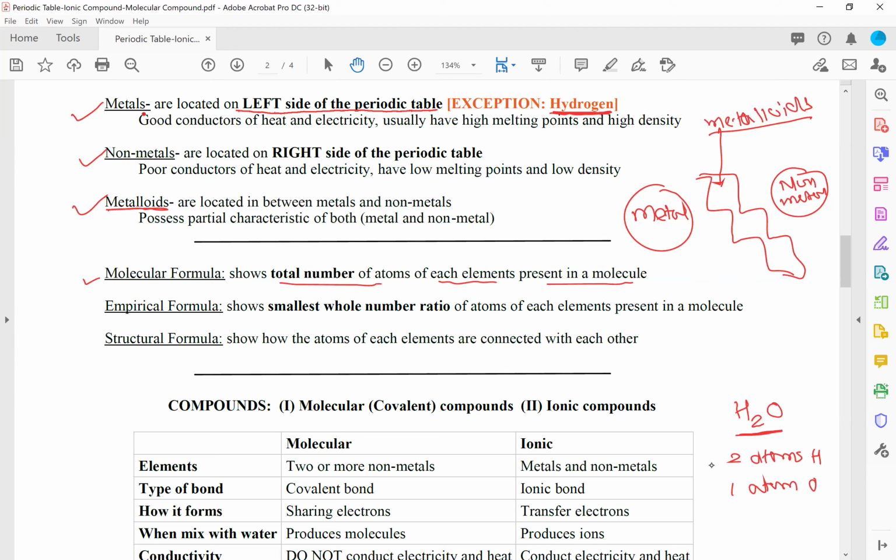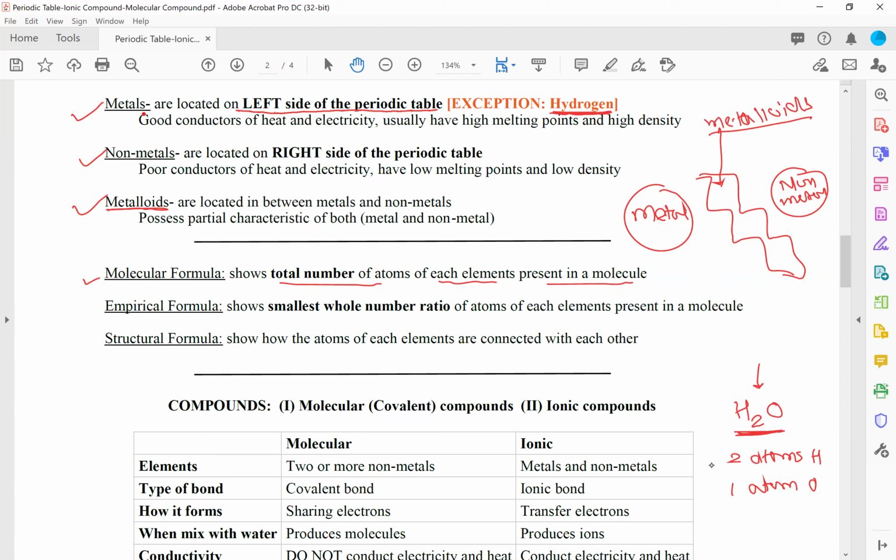When you put them together, H2O, this is referred to as a chemical formula, but if you want to be more specific, you can call it a molecular formula. So H2O is the molecular formula for water.